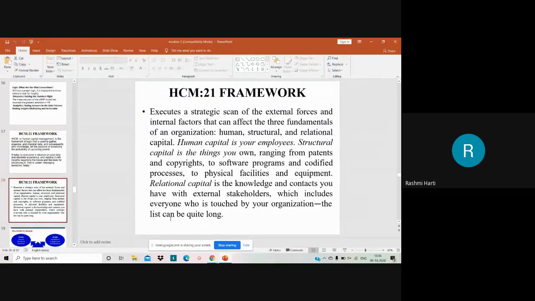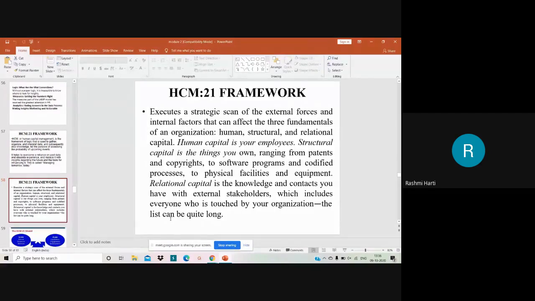Okay. So here it is nothing but a strategic scan. It executes a strategic scan of external forces and internal factors that can affect the three fundamentals of an organization, that is human, structural, and relationship. So human capital is your employees.